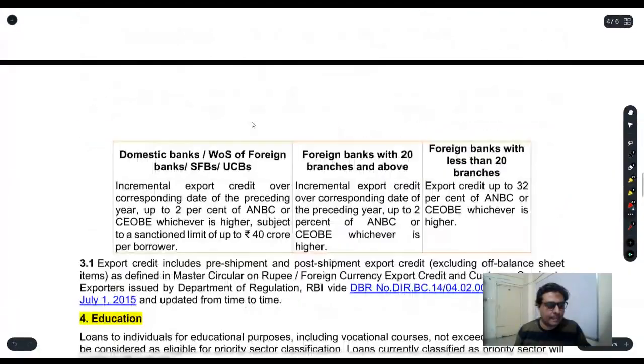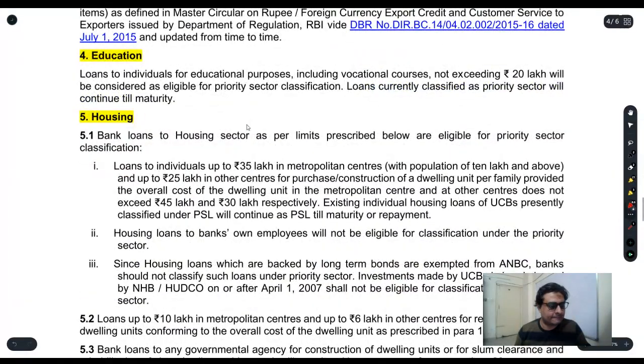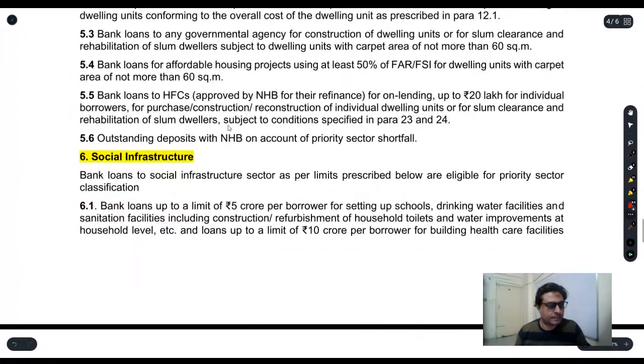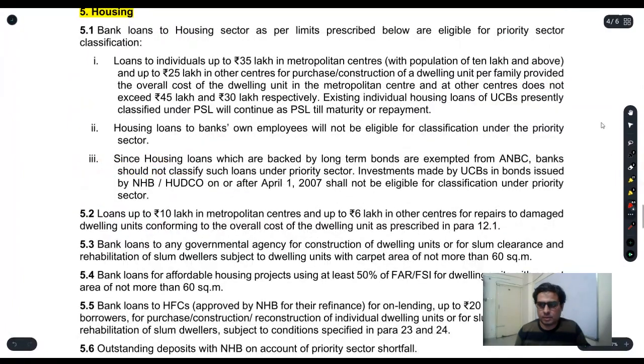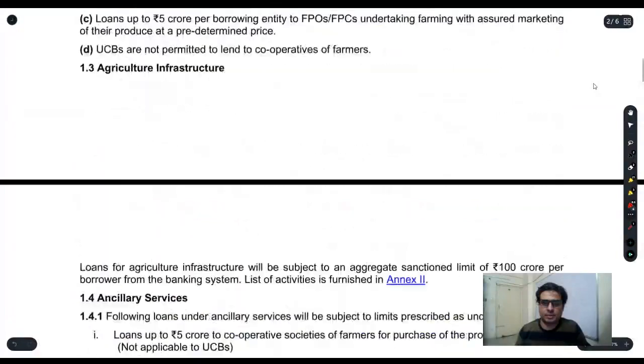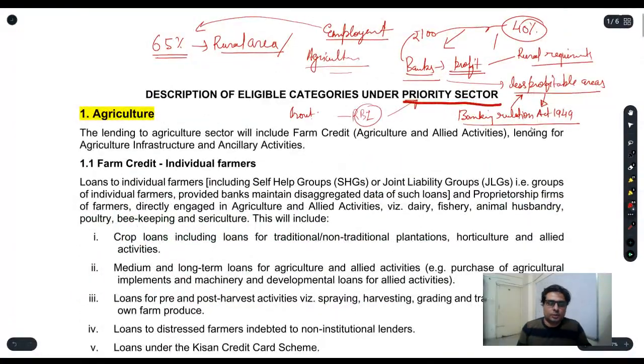A classic example is at the last, or better to go there only. I'll explain it there, then I'll come back to this point. For example, renewable energy. Till 2005-6 it was not under the priority sector.